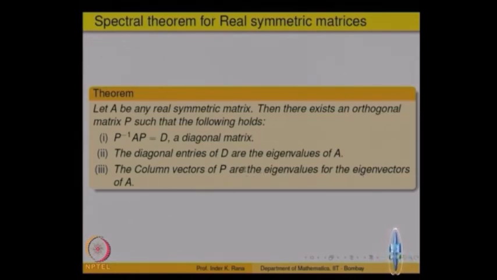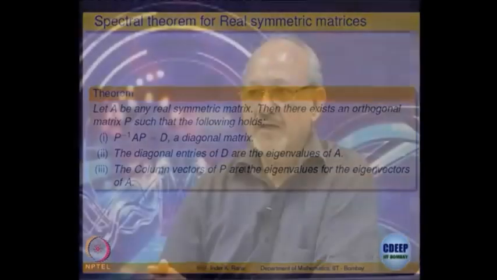So, basically it is the same process that we do for general diagonalizability. Given a matrix A, you find eigenvalues, you find the corresponding eigenvectors. If it is real symmetric, there are going to be n eigenvalues, counting multiplicity. So, each eigenspace is going to have a basis consisting of eigenvectors.